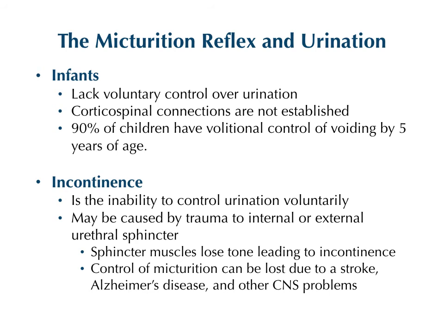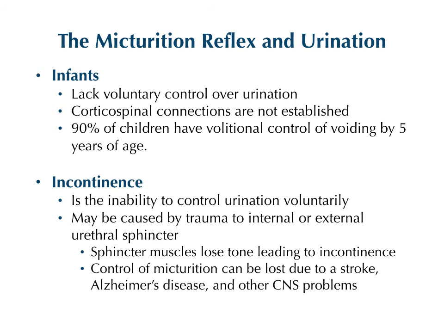You can also have incontinence that is due to trauma to the internal or external urethral sphincter. If the sphincter muscles lose tone, that can lead to incontinence. Control of micturition can also be lost due to other CNS problems such as a stroke or Alzheimer's disease.